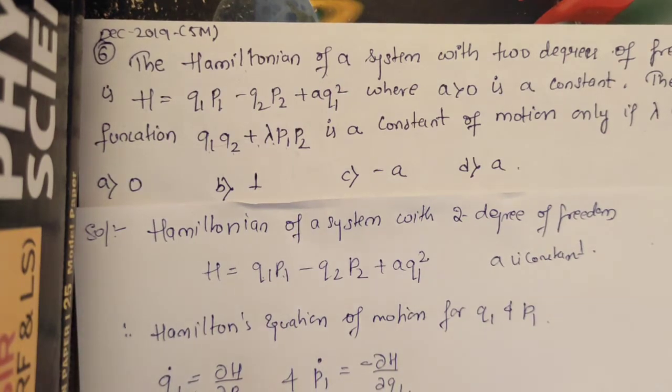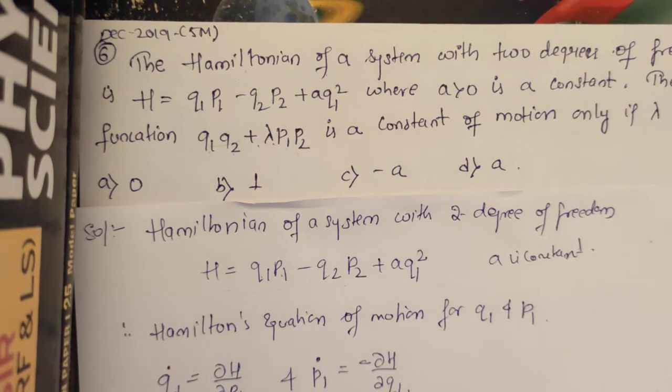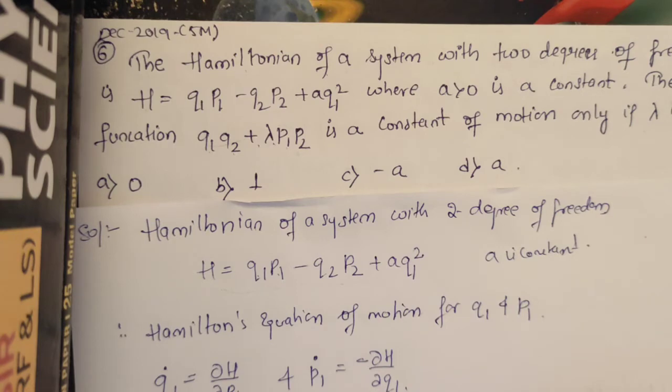So now to find Q1 dot, differentiate with respect to P1. So you will get Q1 dot value as Q1 and P1 dot value as minus P1 minus 2A Q1. Okay, this is equation number 1.